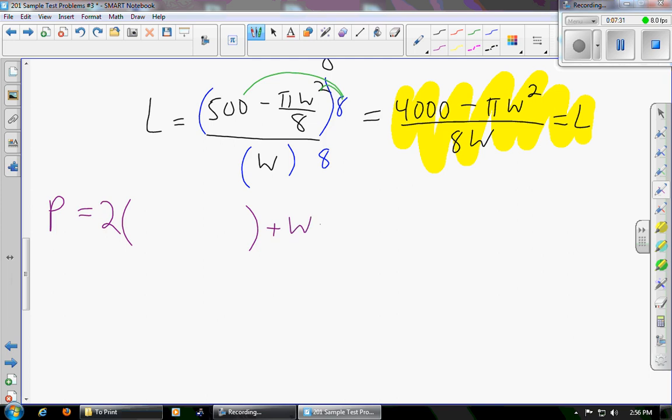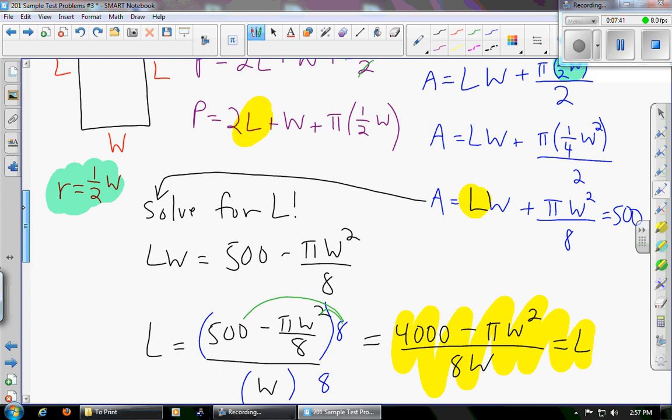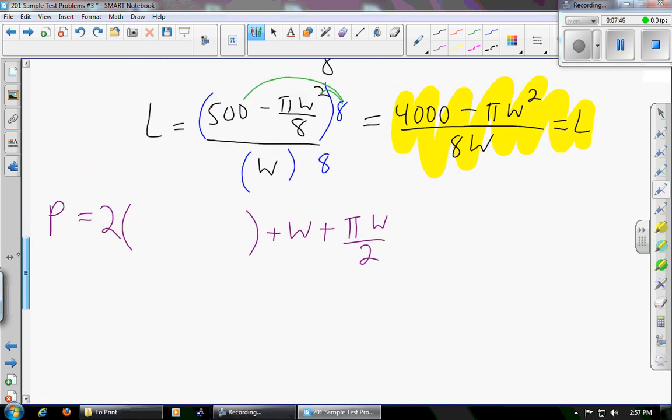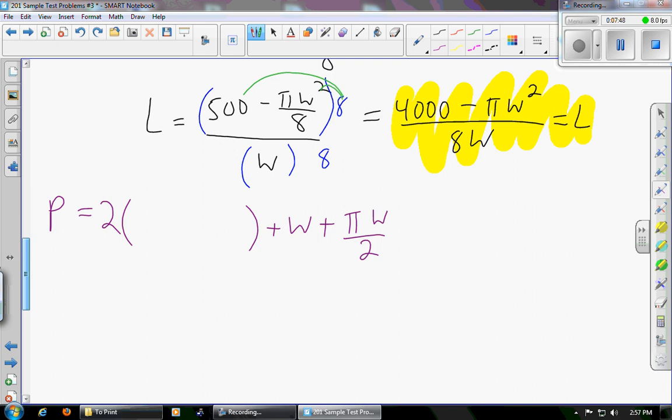Plus W, this is just copying the rest of the purple equation, plus pi times W over 2. So let's just take a moment and double check that that agrees. Pi times W over 2, I think that's the same. And then this thing in the parentheses is all that stuff in yellow. 4,000 minus pi W squared over 8W.